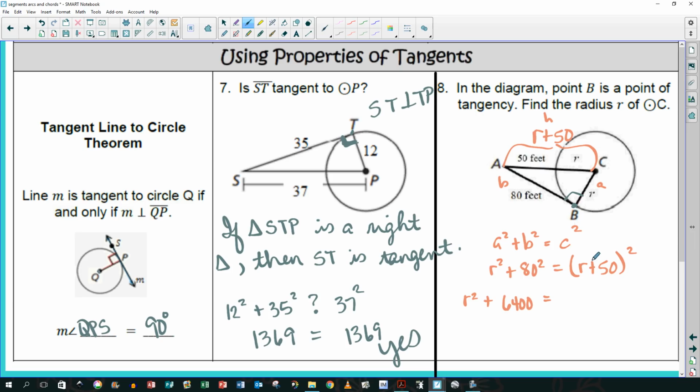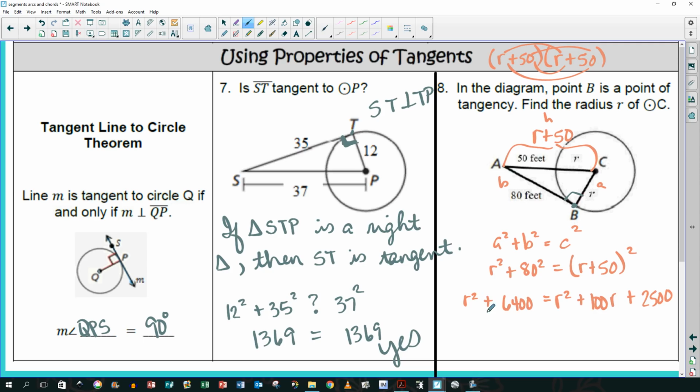And now we've got to do R plus 50 times R plus 50. So remember how that looks. You got to go first, outside, inside, last. You got to double distribute. You get R squared plus 100R plus 2,500.